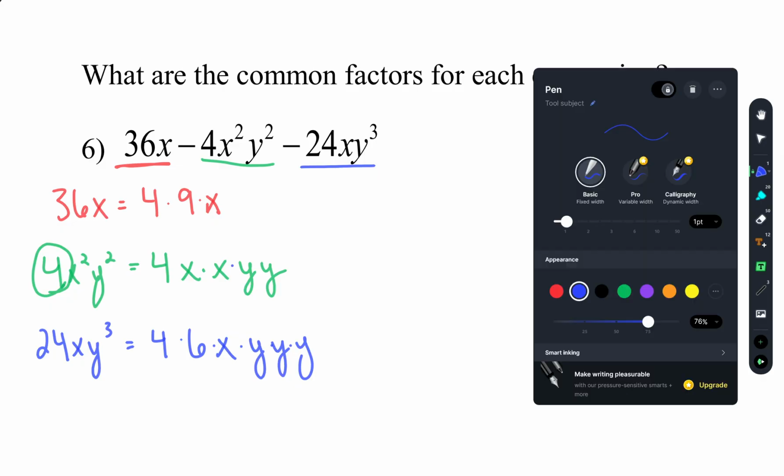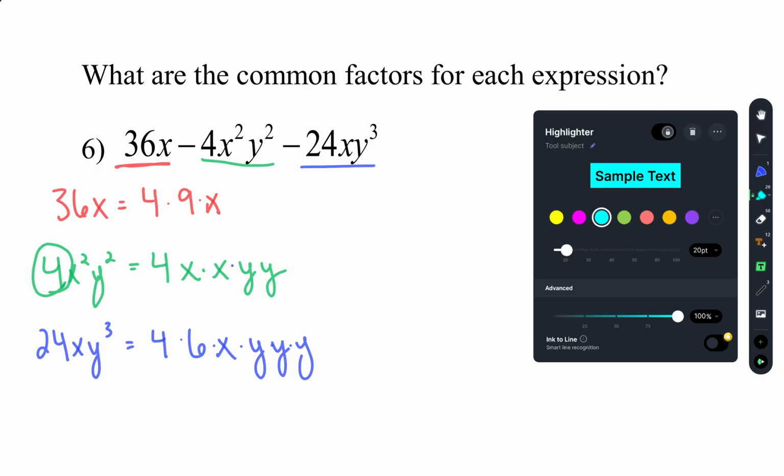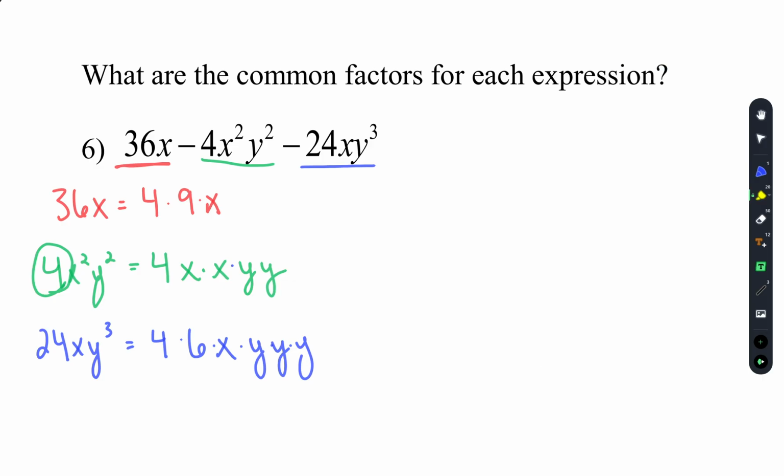So for the numbers, I usually am like, okay, what number goes into all of them? So this is 4. So 4 goes into all of them. And then I see what's the most amount of X's they have in common. This one looks like they only have 1. And do you see how this one doesn't have any Y's?